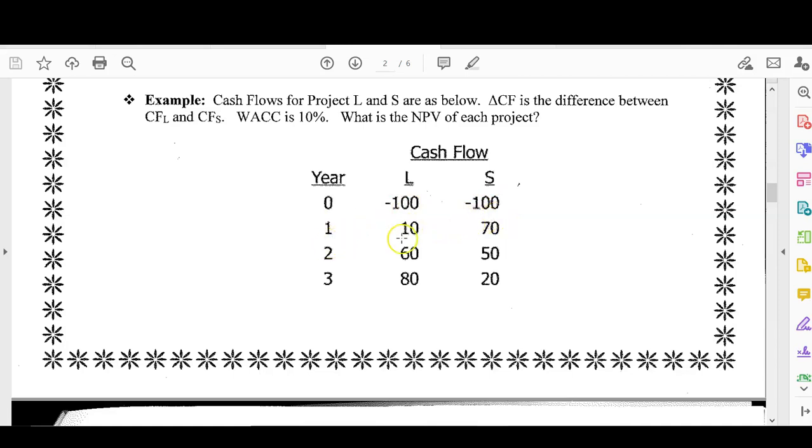In year 1, L has a cash income of 10, S has a cash income of 70. In year 2, L has a cash income of 60, S has a cash income of 50. In year 3, L has a cash income of 80, S has a cash income of 20.